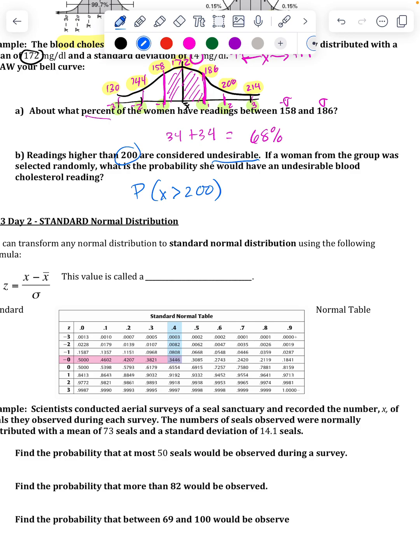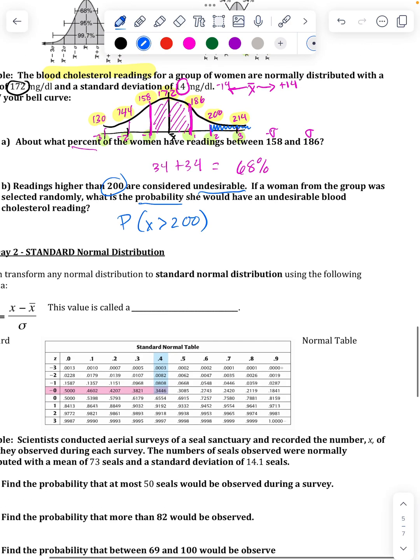Okay. If a woman from the group was selected randomly, what's the probability that she would have an undesirable reading? So they're saying, what's the probability that she would be above 200? So if you look back up here, that's going to be between the 2 and 3 standard deviations and then beyond.